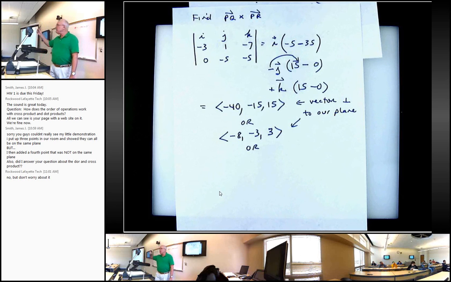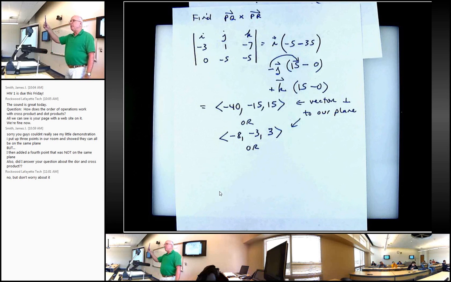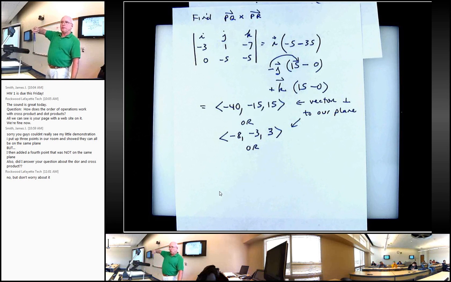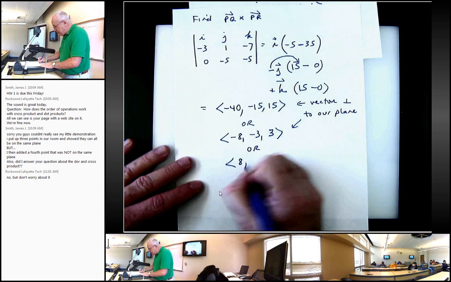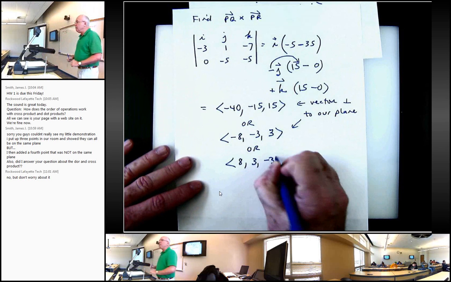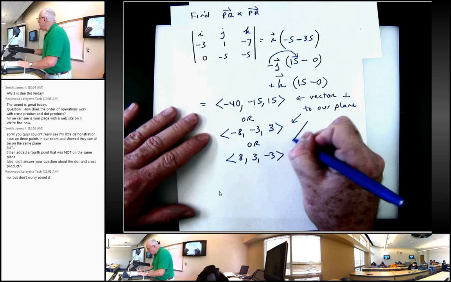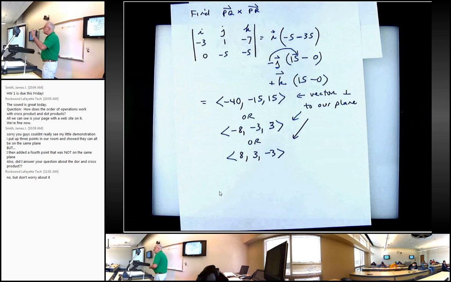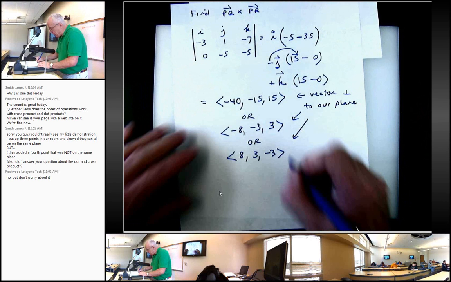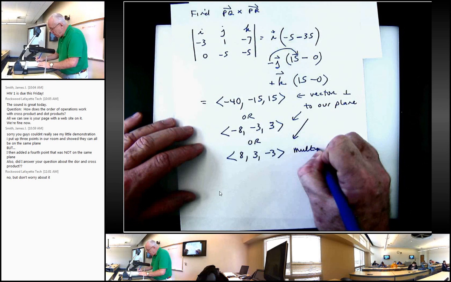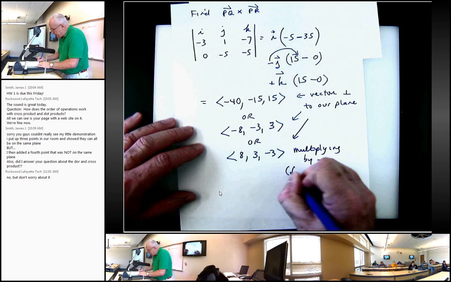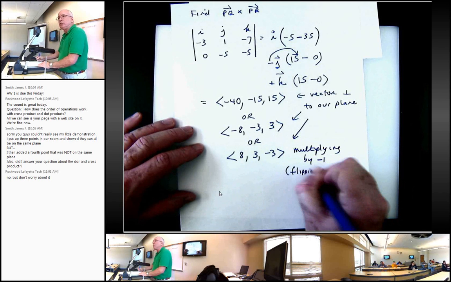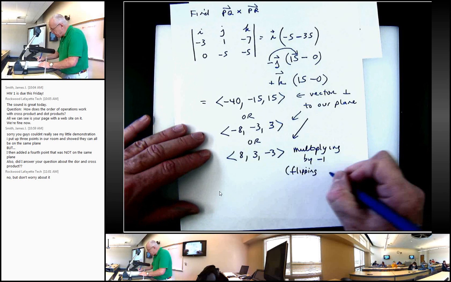If I multiply everything by minus 1, I'm basically flipping the vector, reversing its direction. So positive 8, positive 3, negative 3 is also going to be perpendicular to our plane. I'm just flipping the direction of it, okay? So here I'm multiplying by negative 1, or, a very non-technical thing, reversing its direction or flipping its direction.